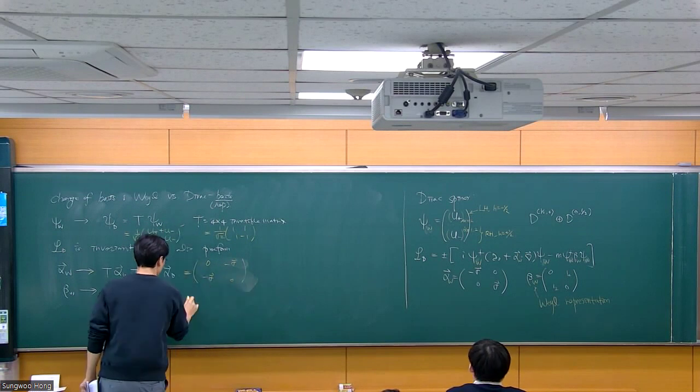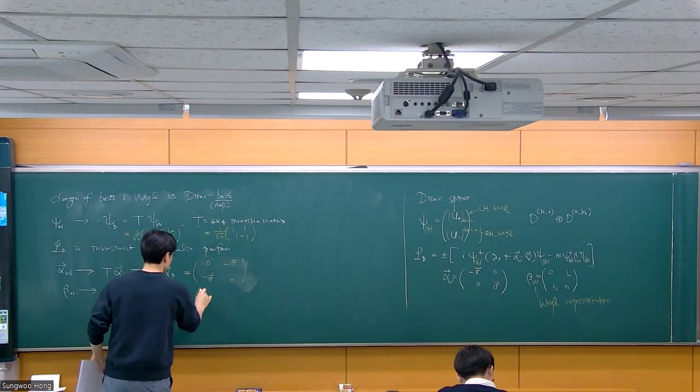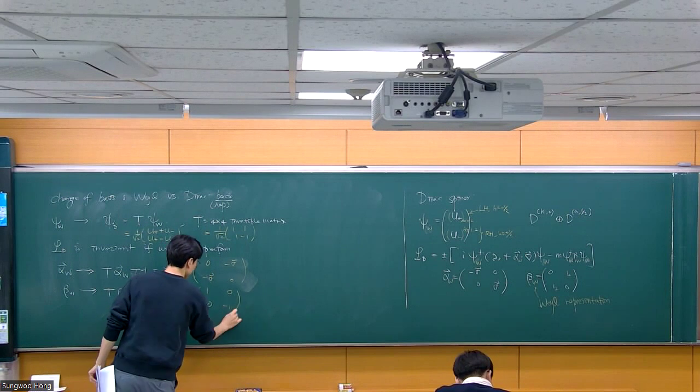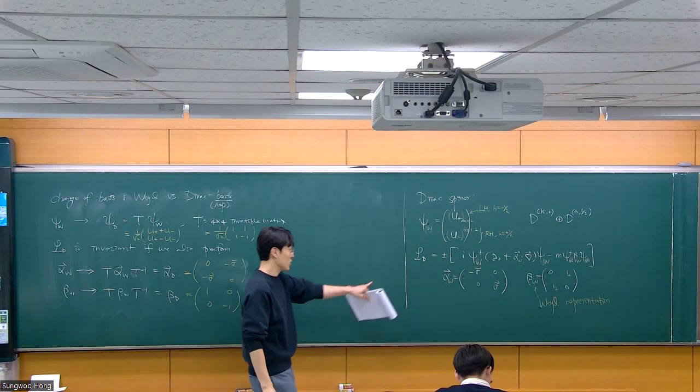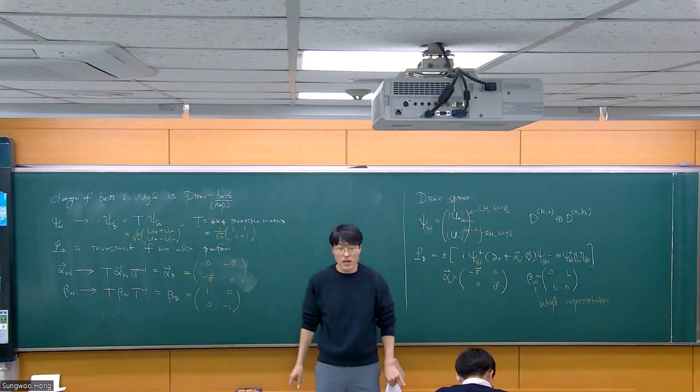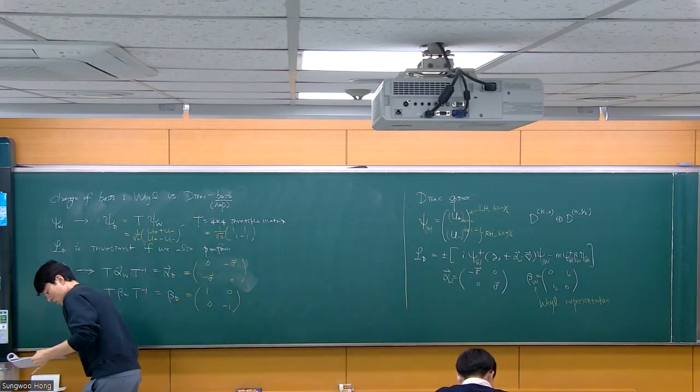And then beta in the Dirac basis, just to make sure, 0, 1, minus 1. So I literally made a change of basis, and hopefully you're convinced that the Lagrangian doesn't change under that change of basis.